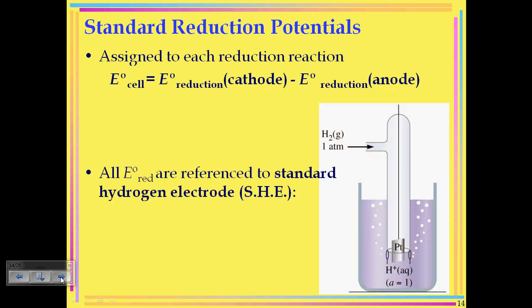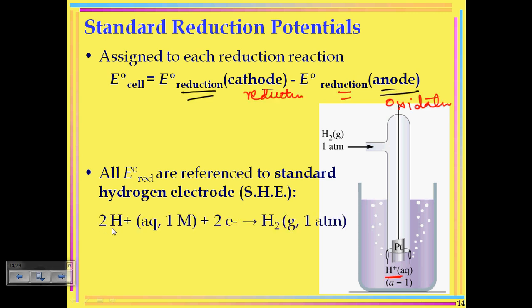This is a hydrogen electrode, the standard hydrogen electrode, where hydrogen gas is bubbled at 1 atm pressure on a platinum electrode, which is a neutral or inert electrode, and the molarity of hydrogen ion is 1 molar.